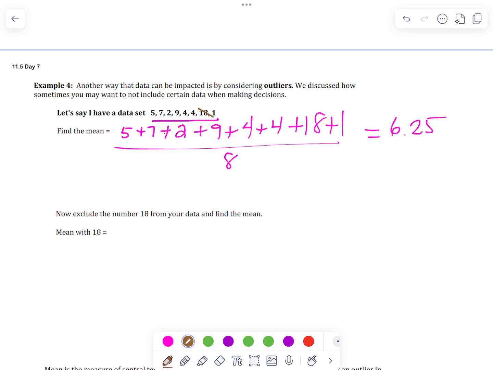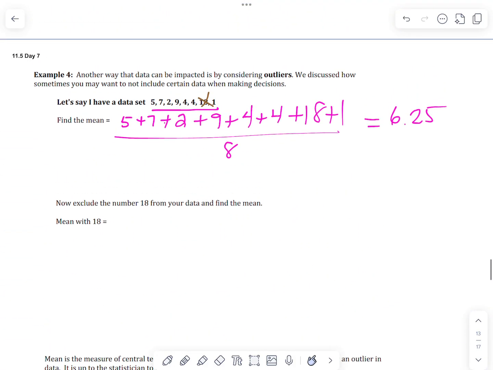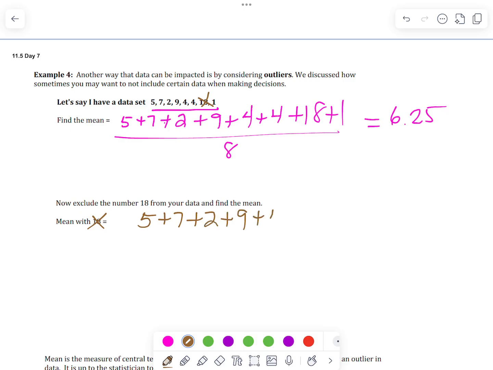Now, if we exclude that outlier, so we have 5 plus 7 plus 2, 9, 4, 4, and 1 divided by 7, we get 4.57.